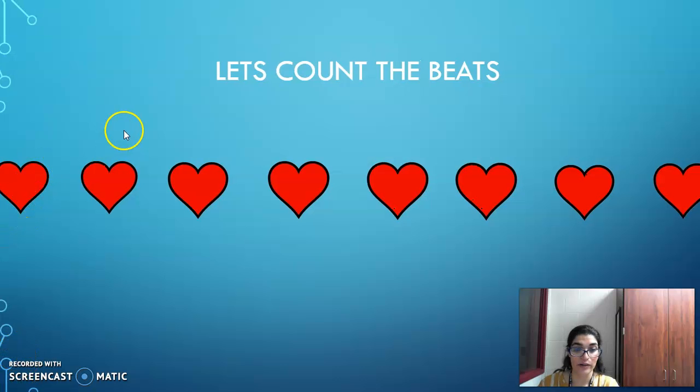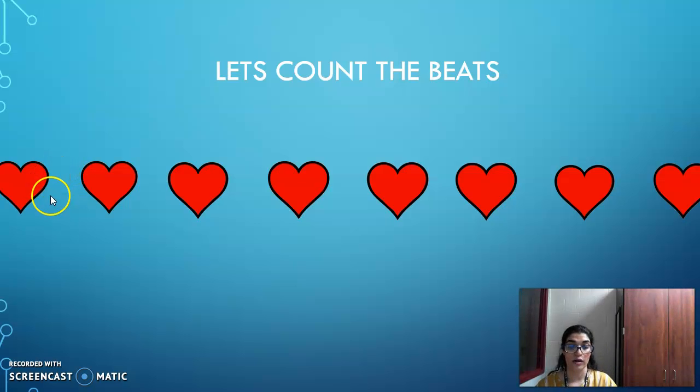We have 1, 2, 3, 4, 5, 6, 7, 8 hearts. 8 heartbeats. Good. Let's count it to a beat. Nice pulse. 1, 2, ready, go. 1, 2, 3, 4, 5, 6, 7, 8, stop. Great job.